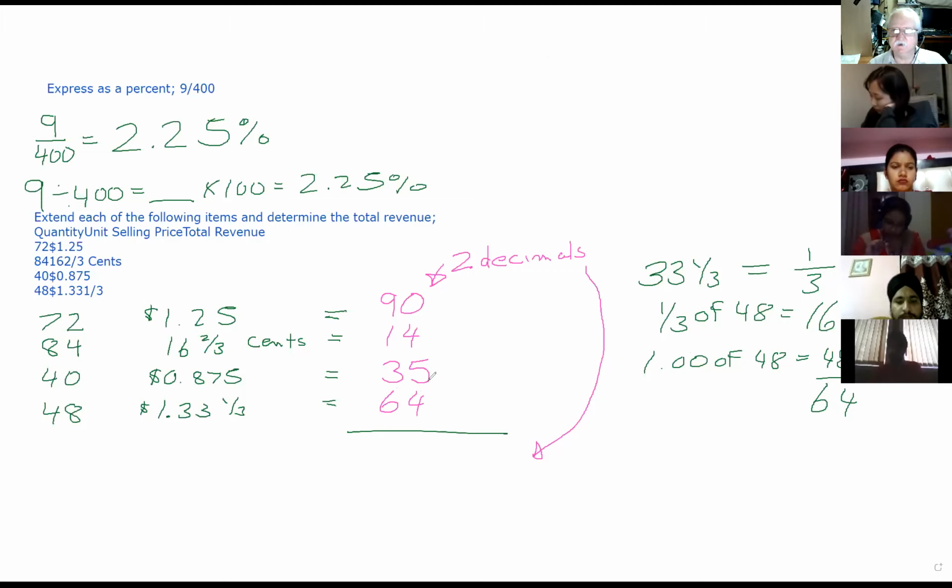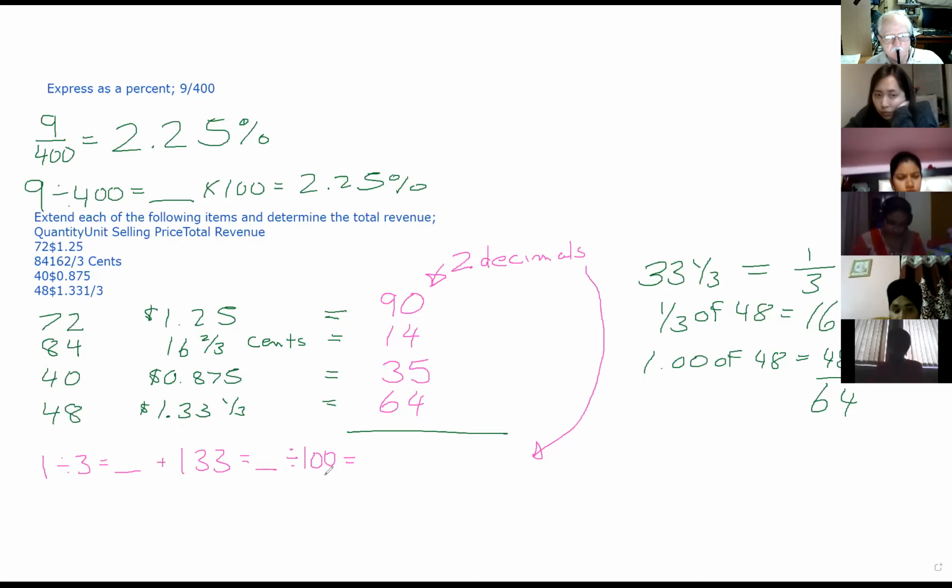But before we add them up, does anybody have any questions about how I calculated that? Because sooner or later, you'll have to end up doing that. I did 1 divided by 3 equals, then plus the 133 equals, and then divided by 100 equals, to basically turn it into pennies.